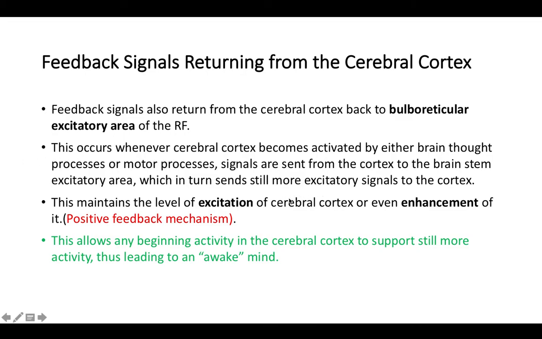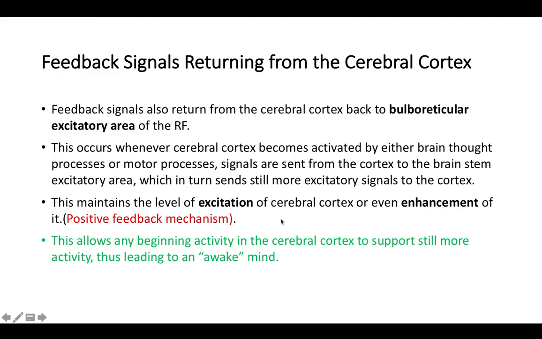This happens whenever the brain is in a thought process or motor process and signals are sent in a to and fro direction. This is to keep the subject excited, or to keep the excitatory signals going to the cortex as long as the effect needs to last.